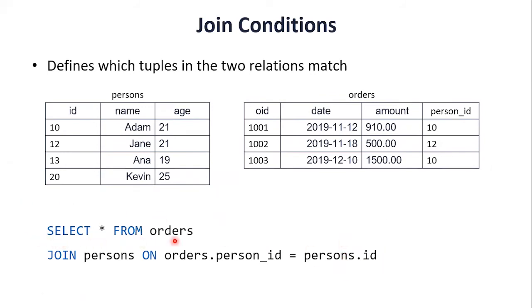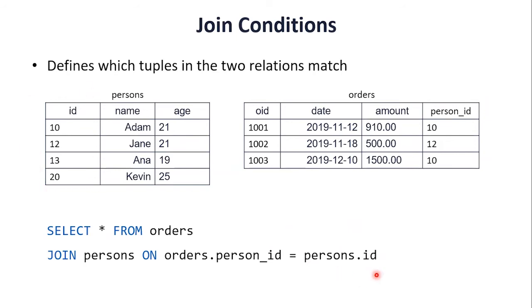We're going to say select all from orders, this particular table, and join persons table, and then another keyword, on, followed by whatever the condition is that we want to join these two tables. In this case, my condition would be orders dot person ID, that means this column, equals persons dot ID column.